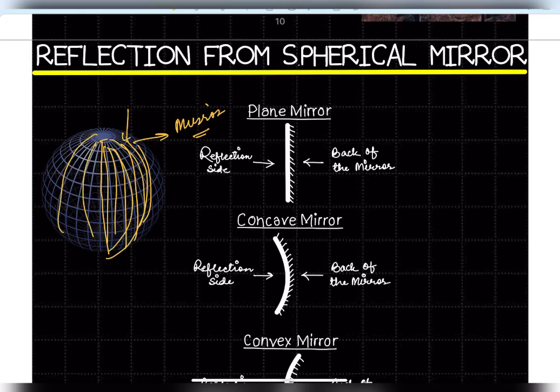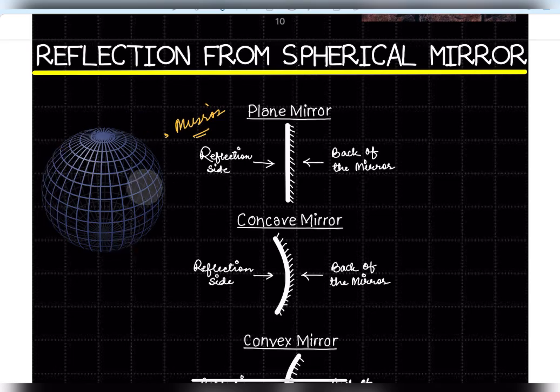Can you see? It's a complete football. Or it can be that the outside is polished and the inner surface is mirror. Are you getting the point?